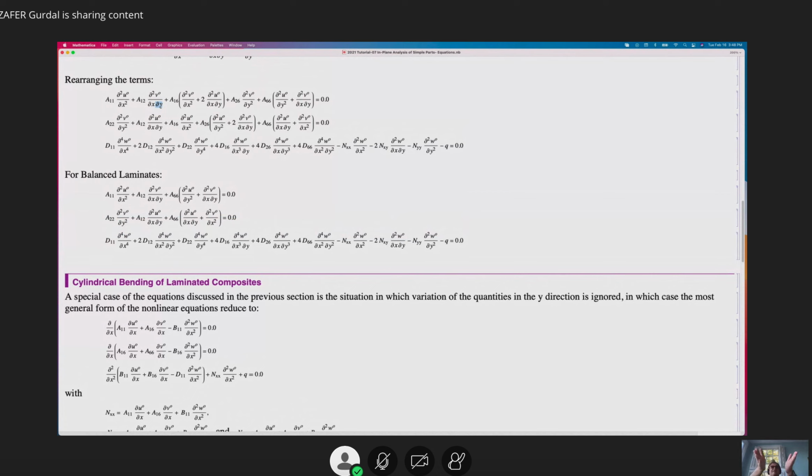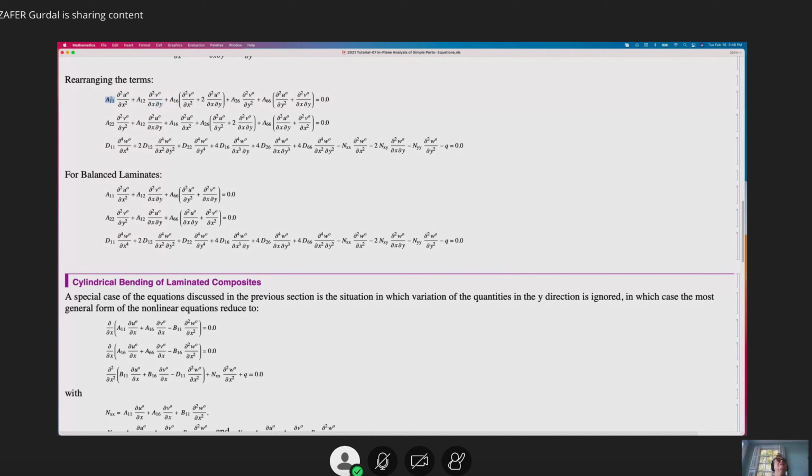Okay? So along the x direction, we're bending it. In the y direction, everything remains constant. That means variation in the y direction is basically non-existent. Any partial derivative with respect to y goes to 0.